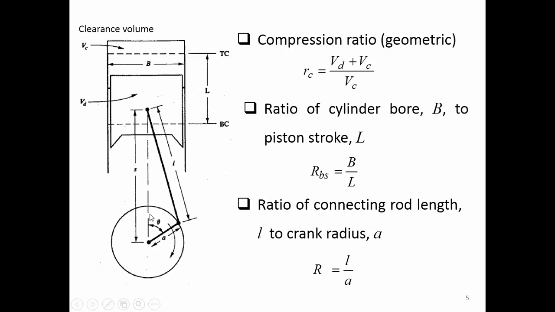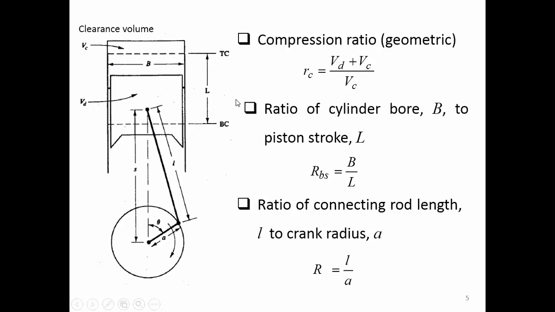This theta here represents the crank angle, which sometimes we represent by referring to the top dead center or the bottom dead center. This is the clearance volume, already mentioned, and the volume between top dead center and bottom dead center is called the displacement volume or the swept volume.